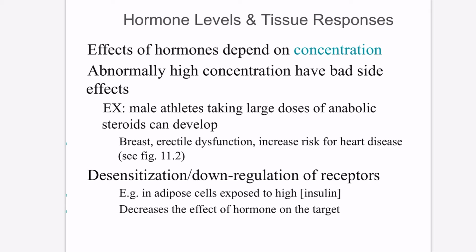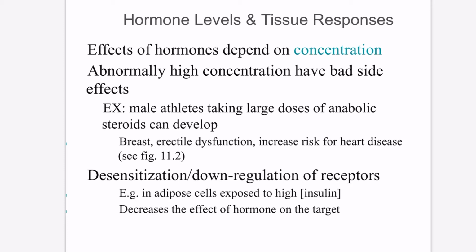The effect of hormone depends on how much hormone is in the blood. So the concentration of hormone in the blood. And the body wants to maintain it at a healthy range, and abnormally high concentrations may have bad side effects.